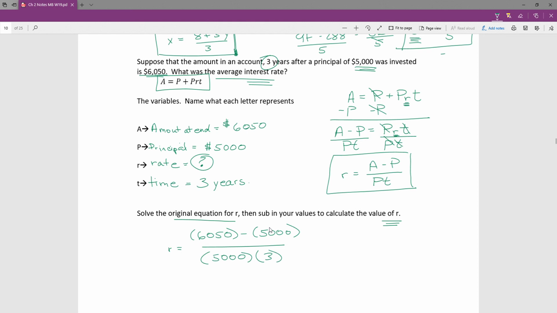So on my calculator, I would get 1,050 divided by 15,000, and my R comes out as 0.07, or this is the rate as a decimal. If I wanted to give it as a percent, I would multiply it by 100. So 7% is your rate.